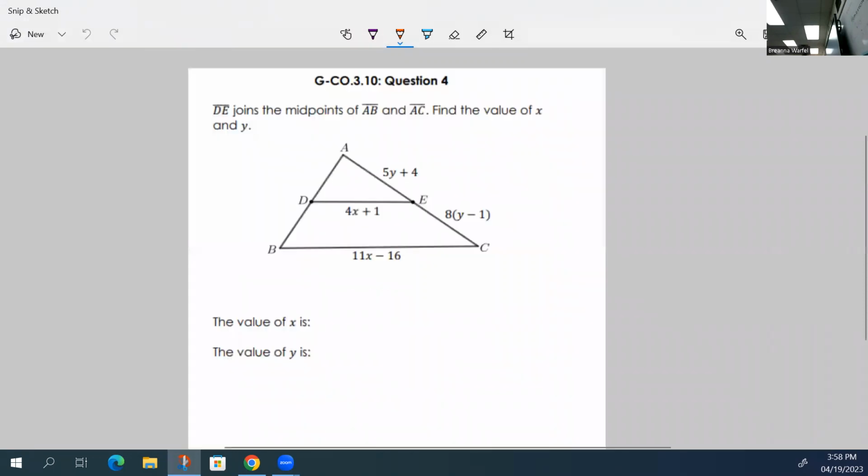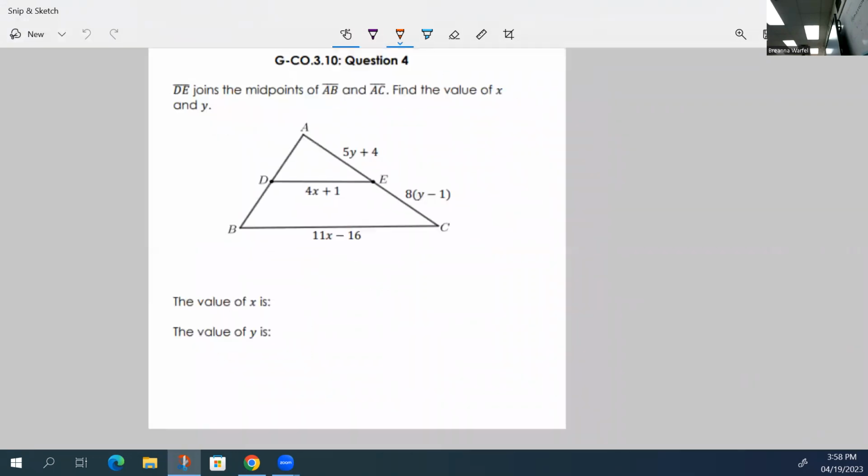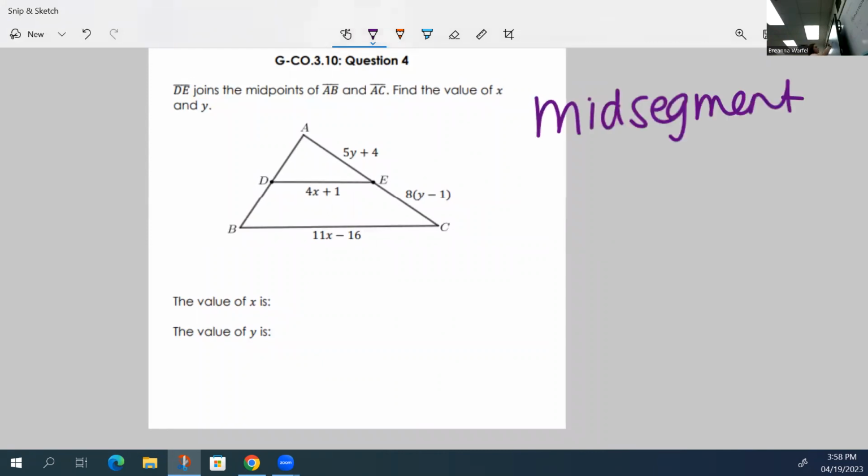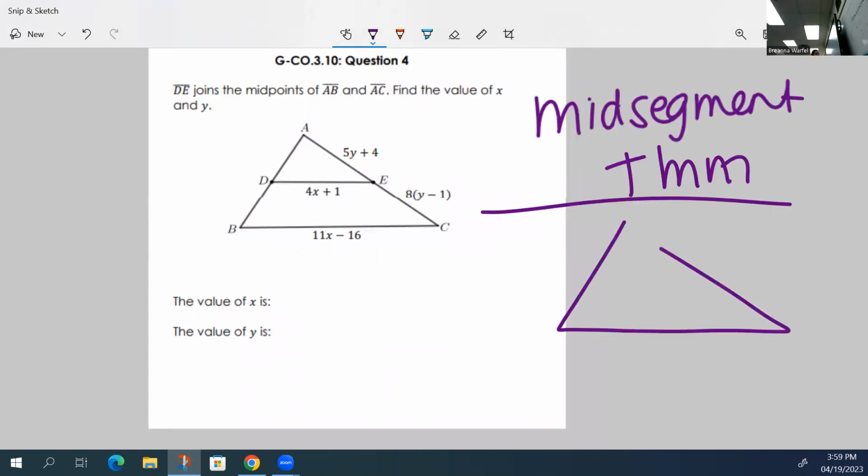You need the midpoint, or this is called the mid segment of a triangle theorem. What that says is if you have a triangle and you have a midpoint of two of the sides, that means this part is congruent to that part, and you connect them.